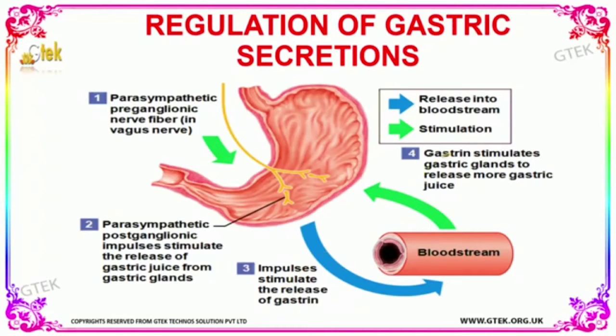And then you have the gastrin, which stimulates the gastric glands to release more gastric juice, from the bloodstream. So this is how the gastric secretions occur.